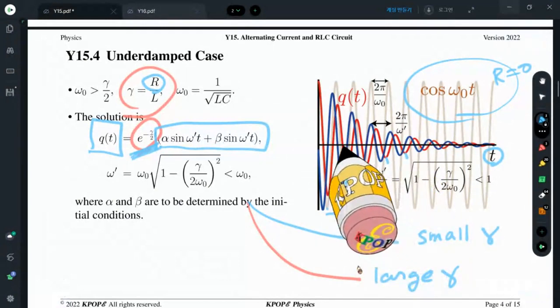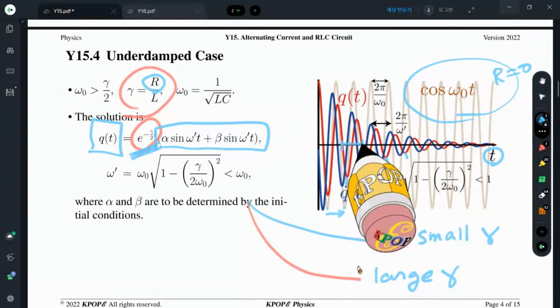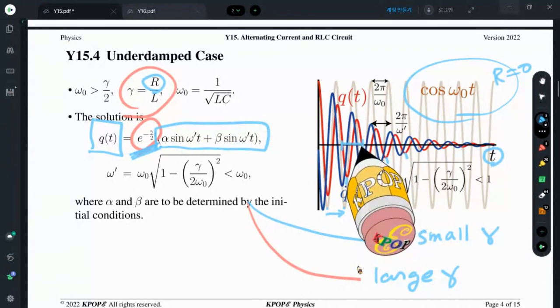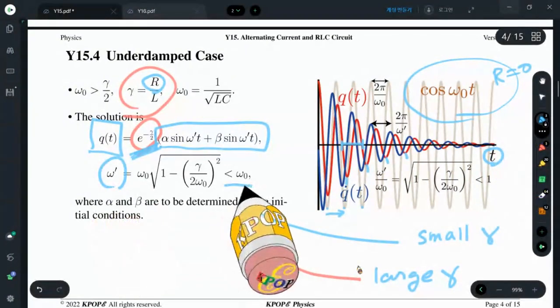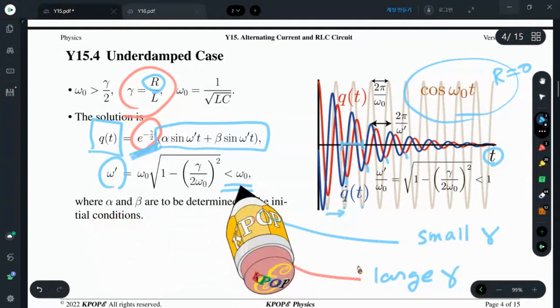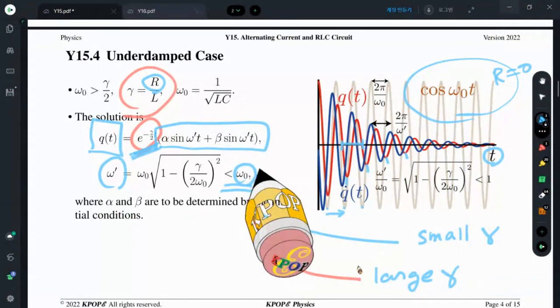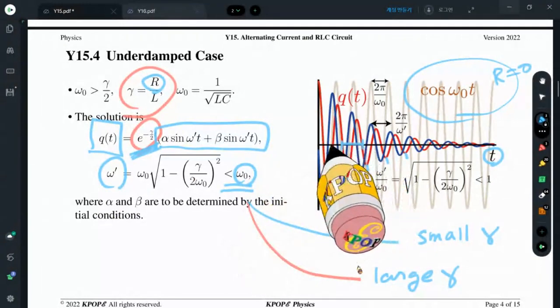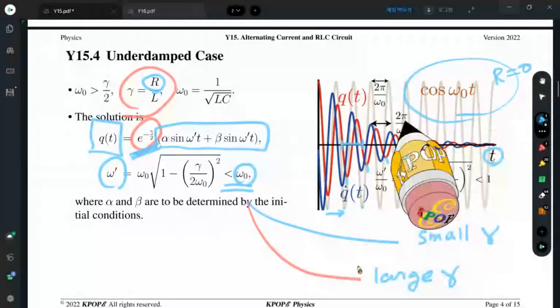That means the time necessary to return to the same point becomes longer than the simple harmonic oscillator. That means the frequency becomes smaller than the original characteristic frequency. Frequency becomes smaller, and the period becomes a little bit larger than the original case.